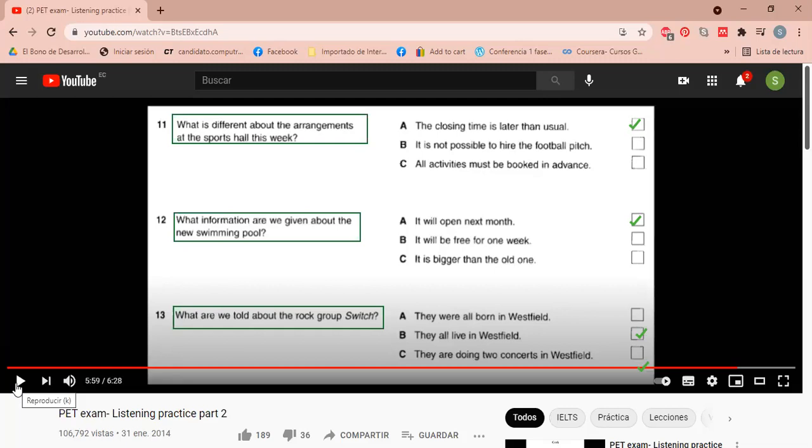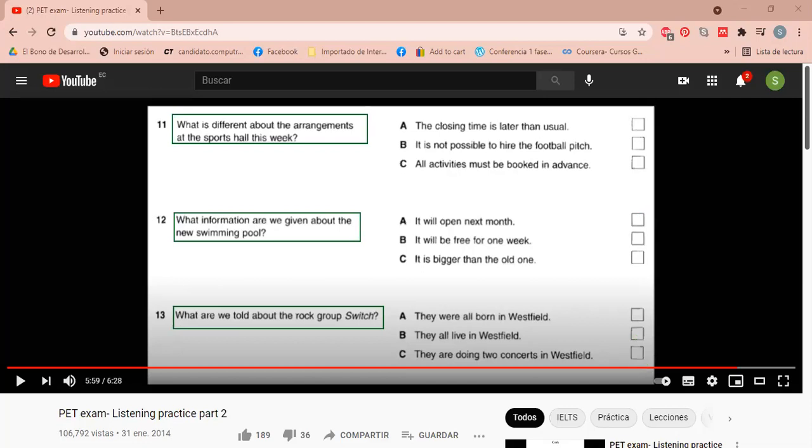Por esa razón, la respuesta correcta era letter B. So, guys, now you saw how these 2 parts of listening are going to be. Sí, ya vimos más o menos cómo es la estructura de estas dos partes del listening. What are we going to do now, guys? You're going to help me completing another part 1 of listening.